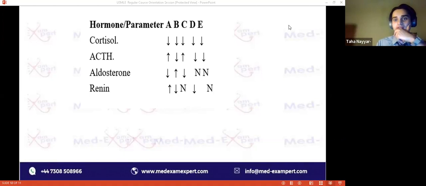Yes, renin will increase in this patient because there is no feedback inhibition, no negative feedback. Usually, whenever there's decreased blood pressure or decreased renal blood flow, we have increased release of renin.